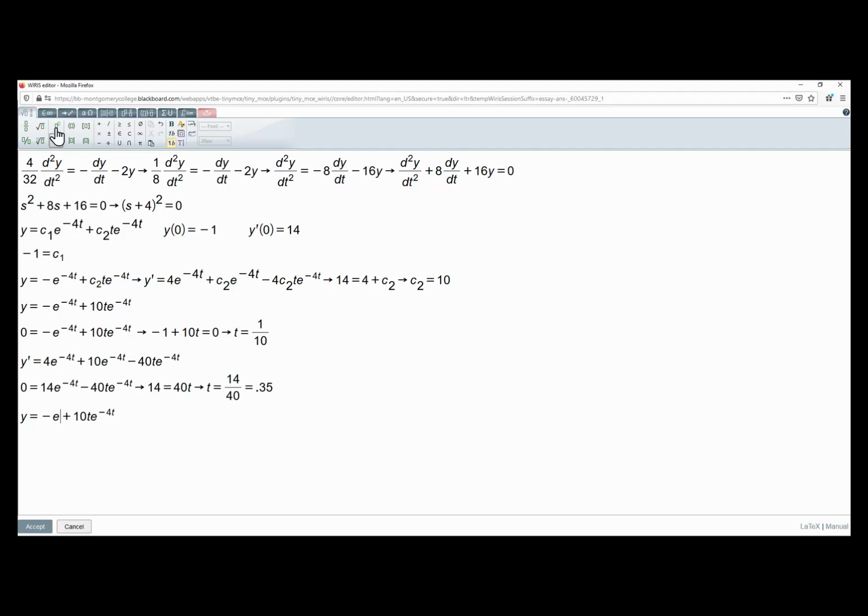Okay, so e to the power negative 4 times 0.35, okay, then 10 times 0.35, then e to the power negative 4 times 0.35, and now I'll just go ahead and use my calculator.